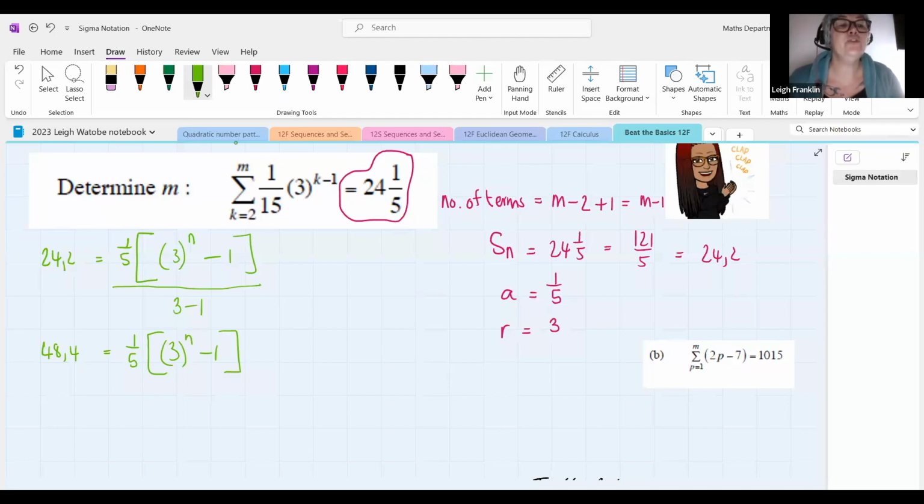Now I need to divide both sides by 1/5. So leave that 48.4 on your calculator and divide it by 1/5. Do you get 242?